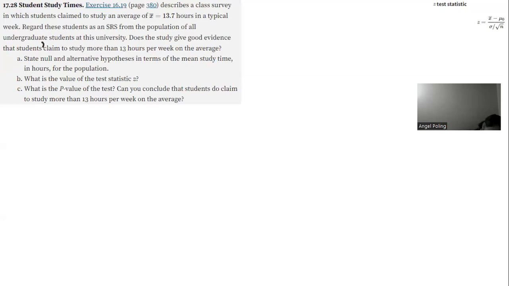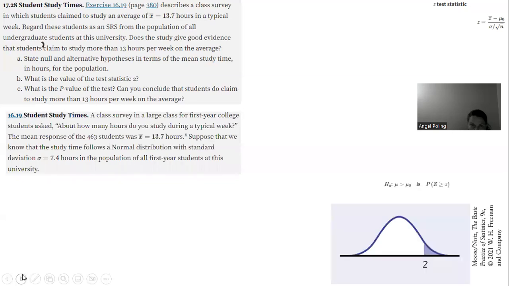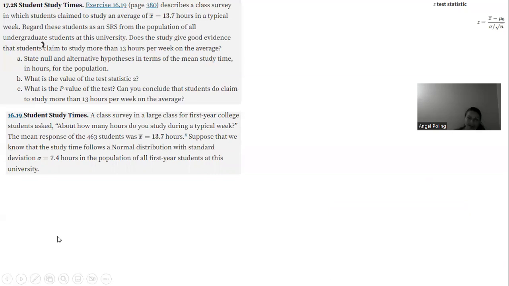Okay, so A, they want us to state the null and alternative hypothesis. We need things for that, like mu naught, right? So we actually have to look at problem 16.19. Oh, whoops, I did a reveal.